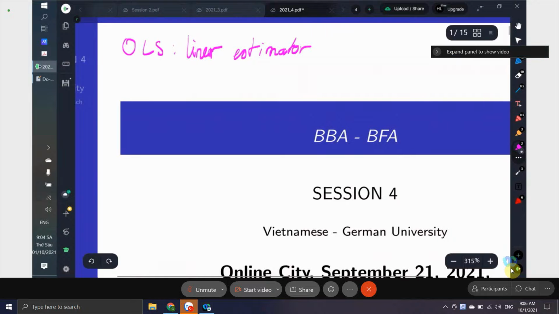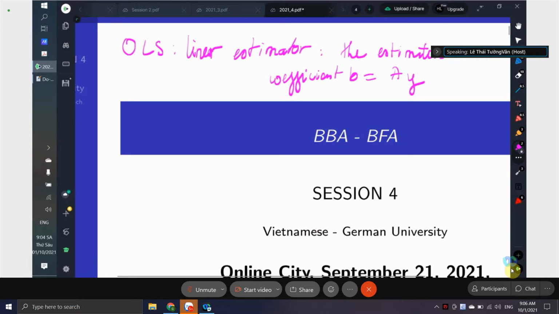I may have mentioned here and there during the course what we mean by linear, but the idea is that the estimated coefficient is a linear combination of the dependent variable: B is equal to AY.